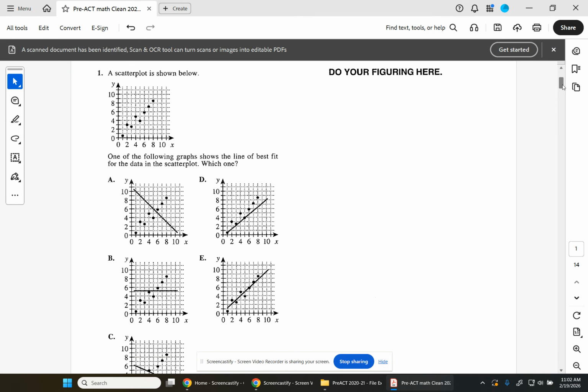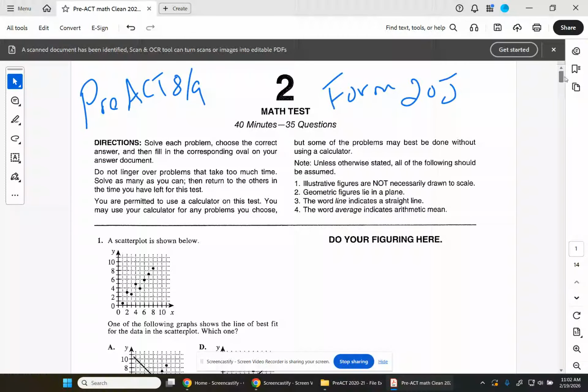Okay, let's do some ACT math. One of the things that I want you to know about ACT math is that the test questions always get increasingly difficult. So number one should be a big old smiley face, easy. And by the time you get to like number 35, I bet there's probably going to be a little bit of an angry face.